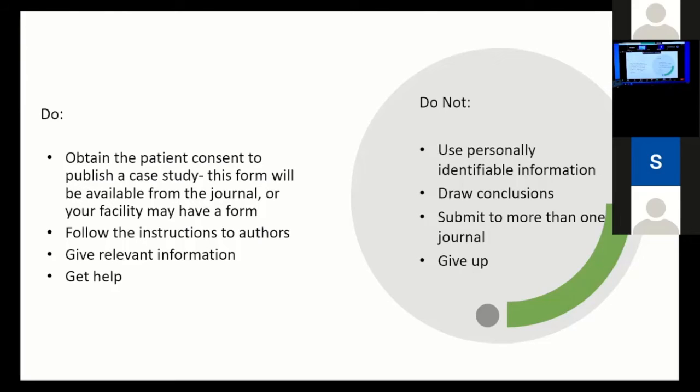The first case report I ever wrote, I sent to one of my friends who was way better at research than I was before I sent it in for peer review. And he actually sent me back more pages of corrections than I had pages of text, which was not an awesome feeling. But all of his edits made my paper better.